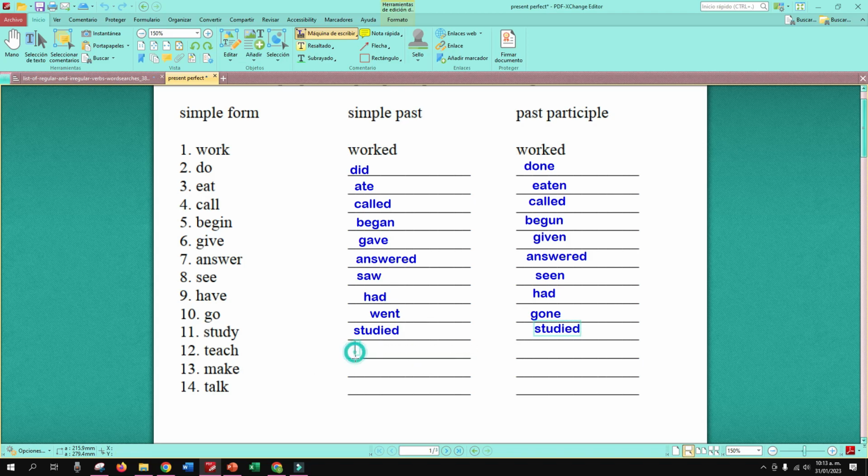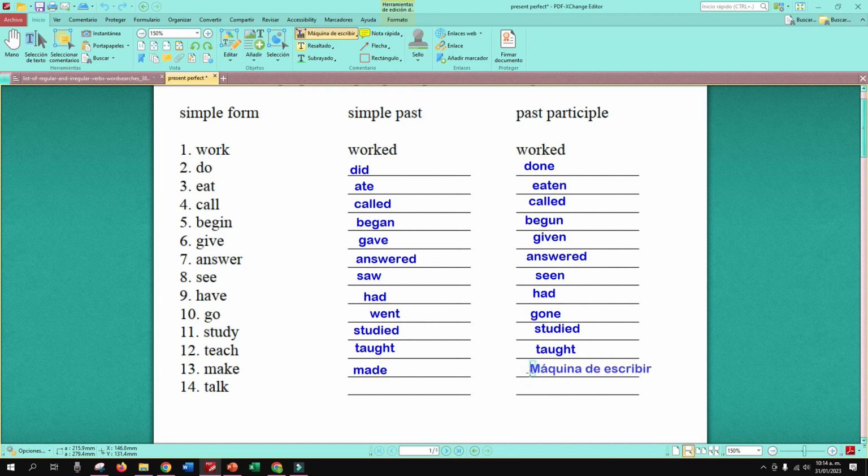Perfect. Teach. Oh, this is a tricky one. Teach, taught, taught, right? And in past participle, it's the same. Taught. Teach, taught, taught. Excellent. What about make? In past, made.